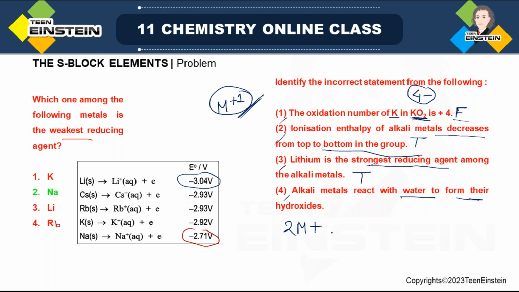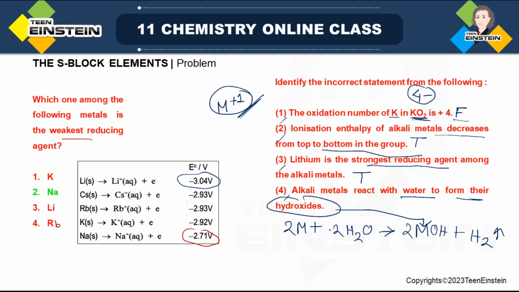This equation we have just seen. If you take sodium, it will be 2NaOH. So they are forming hydroxide. So this is also true. So the wrong statement, that is the incorrect statement, is the first one.